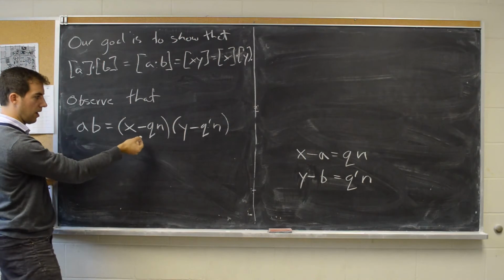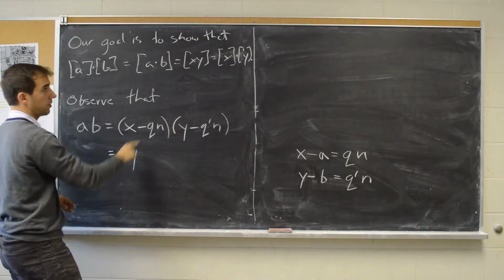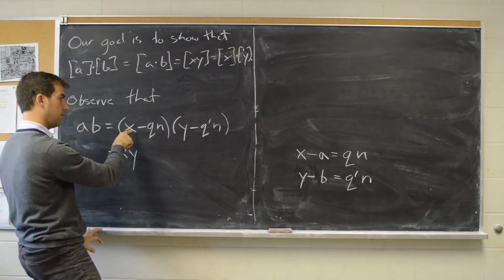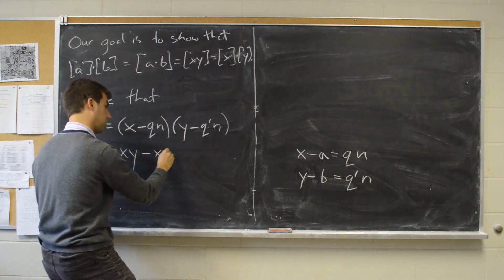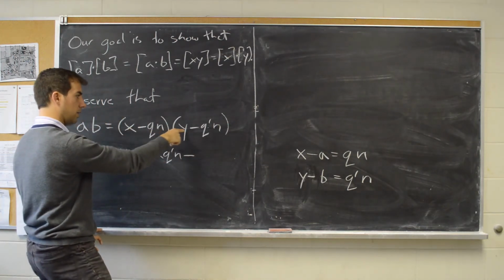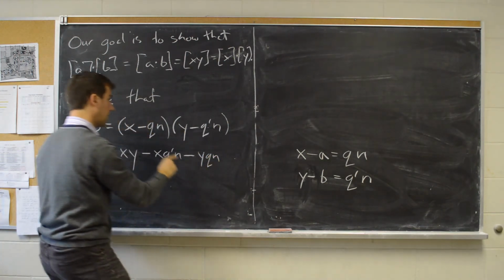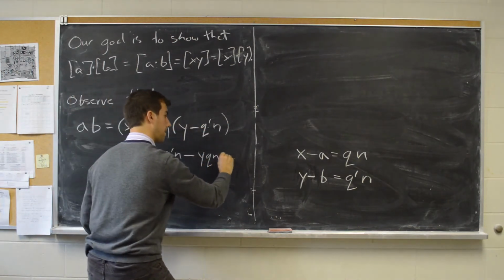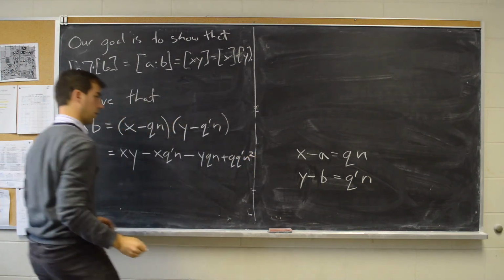Now I'm going to expand this out. So the first term I get is x times y, which is very important. That's what we're looking for. And the remainder is what? So I have x times y, I have minus x times q prime n. I have qn and y, so I get a minus y qn. And the last term I get is plus q q prime n squared.